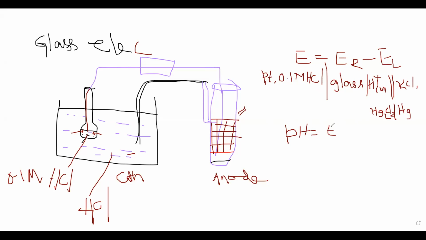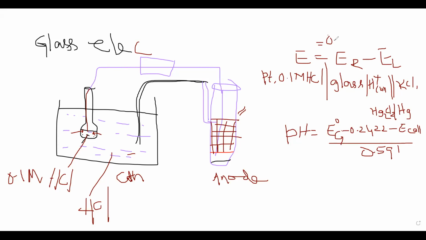Okay, E0G, that is the glass electrode standard electrode potential. There is no need to remember this one also. pH is equal to 0.2422 minus E cell, divided by 0.0591. How are we getting it? E right is how much?